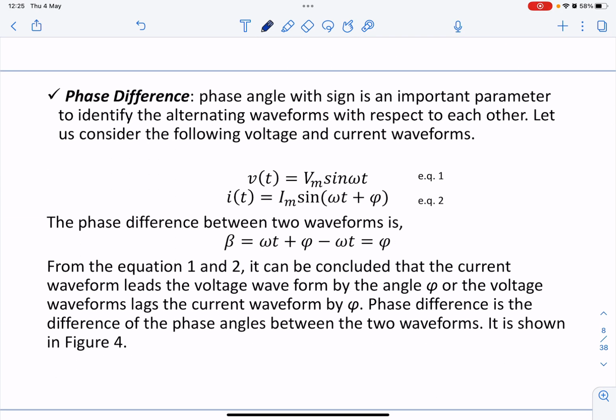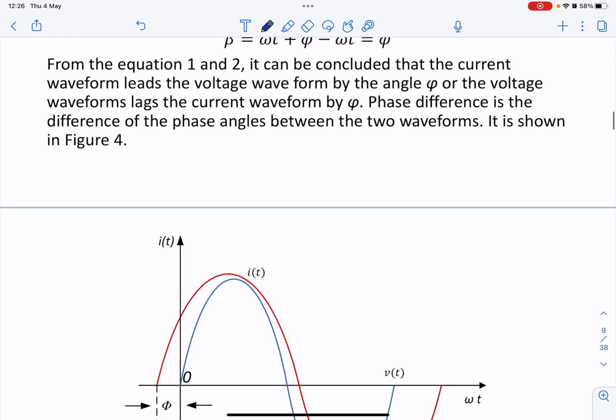This is also called phase difference. Phase difference is the phase angle with sign, an important parameter to identify the alternating waveforms with respect to each other. Let us consider the following voltage and current waveforms.